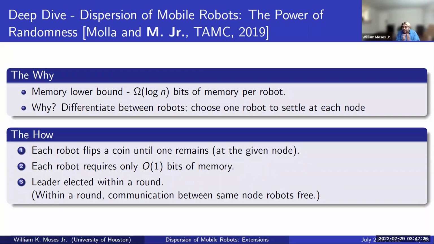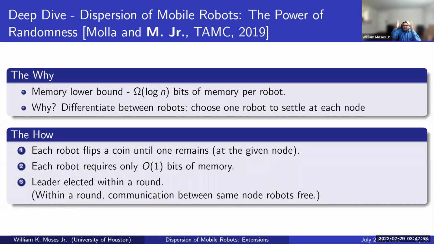Why is that? Because in this paper, we divided a round into a number of sub-rounds. And you might say, wait a second, is this even allowed? The thing is, yes, because in a given round, communication is considered free, and local computation is considered free. Really, a round is used to differentiate between movements of robots.